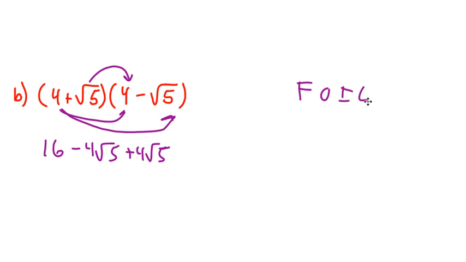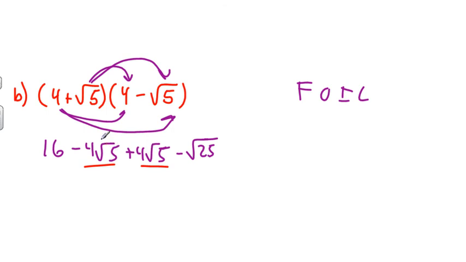Lastly, do the L, which is radical 5 times radical 5. Well, it's positive radical 5 times a negative radical 5. And now watch this. This is a negative radical 25, right? 5 times 5 is 25. Now notice these two terms right here have the same index and the same radicand, which means they're the same type of terms.